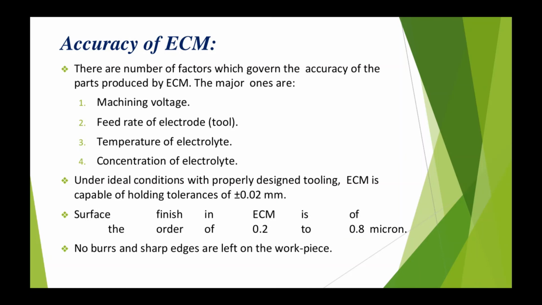There are a number of factors which govern the accuracy of the part produced by electrochemical machining. The major ones are the machining voltage, feed rate of the electrode, that is the tool, then temperature of the electrolyte and concentration of the electrolyte. Under ideal conditions with properly designed tooling, electrochemical machining is capable of holding tolerance up to plus minus 0.02 mm.